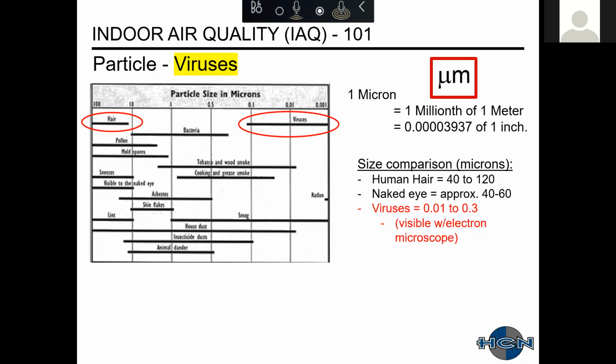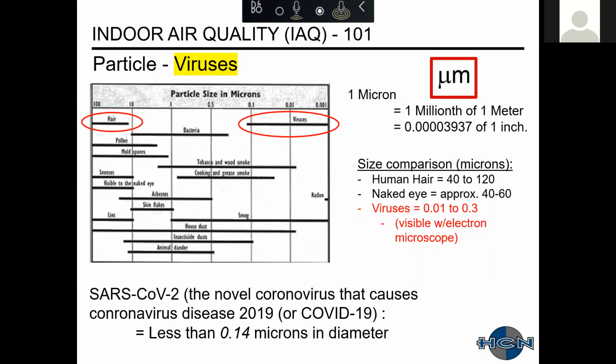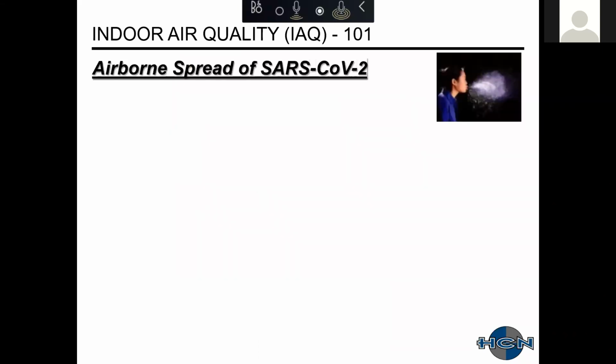And then just to understand that viruses are very small. They're traditionally only seen with an electron microscope. Again, the SARS virus that does cause COVID-19 is less than 0.14 microns in diameter. So it is obviously extremely, extremely small.